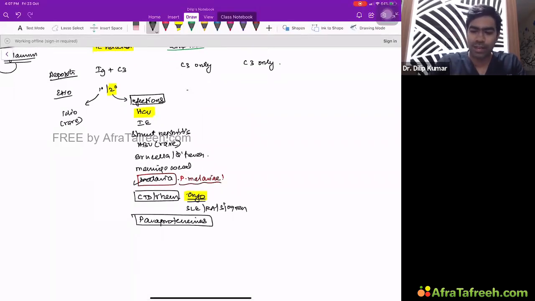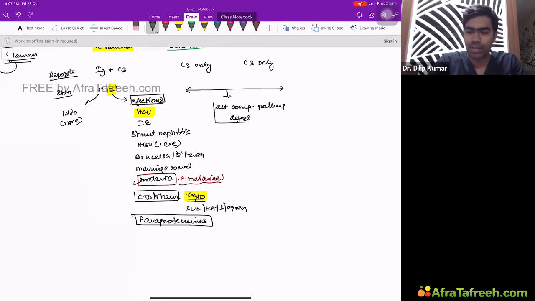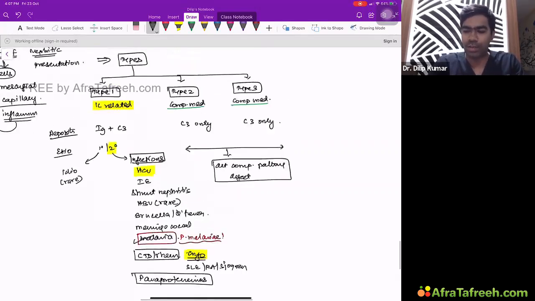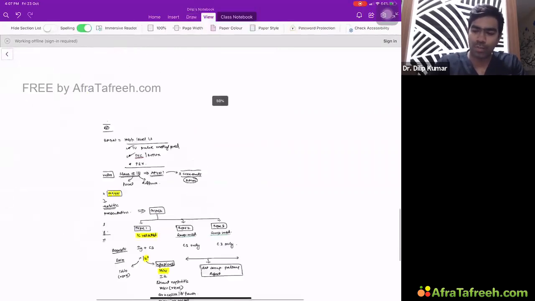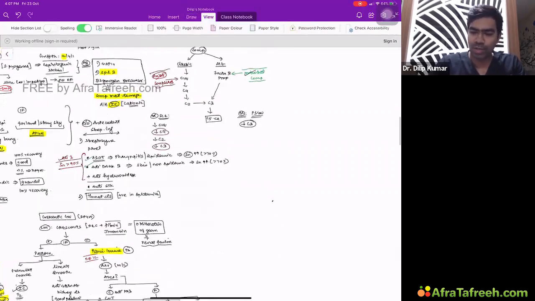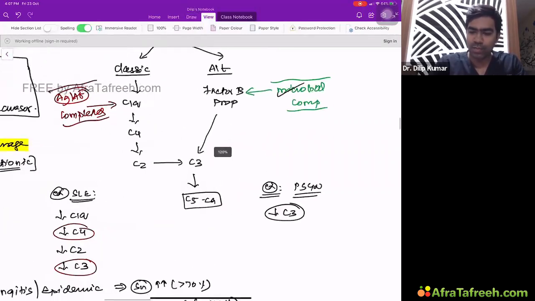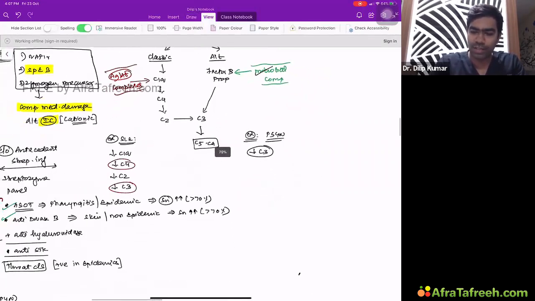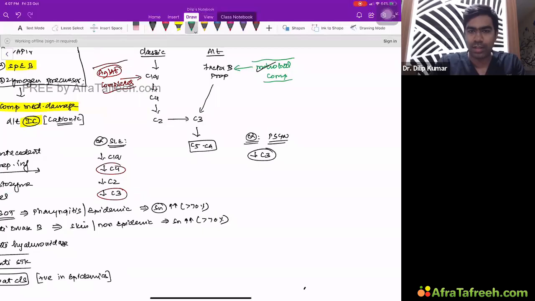As far as complement-mediated MPGN is concerned, usually these have a shared common pathophysiology where you will have a defect in the alternative complement pathway. Remember, if you go back to the complements, I don't want to waste much time on it, but there is C3 convertase.